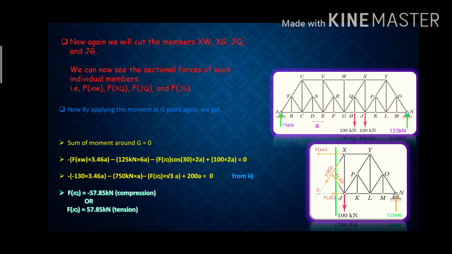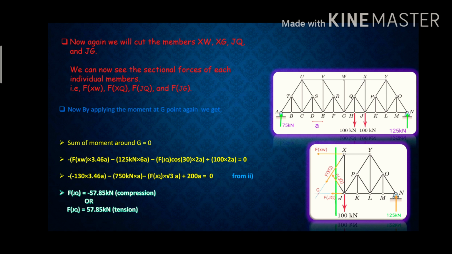And from there we put the value of F of XW from the previous equation, that is minus 130 kilonewton. Finally from here we get the value of sectional force F of JQ, that is minus 57.85 kilonewton compression or 57.85 kilonewton tension.